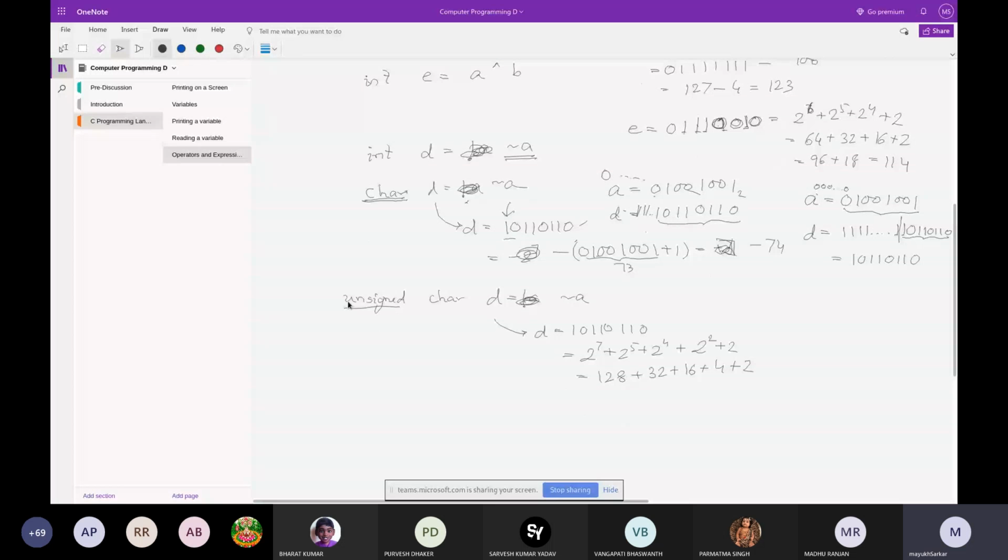So all of the bits will be treated as values, and what you're getting, if you add it up, is 182. That's why in the case of unsigned char you obtained 182, because all the bits are value bits now. Even this bit is not being considered as a sign bit. This is the 2 to the power 7 part, this 2 to the power 5 part, this 2 to the power 4, this 2 squared, and this 2 to the power 1. That's what the unsigned keyword does.